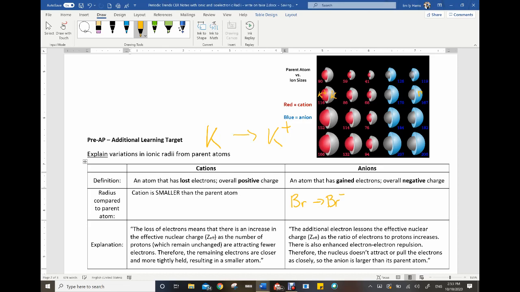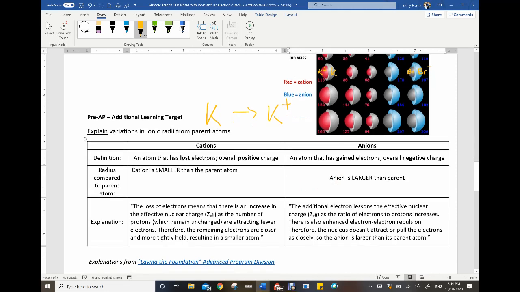If we compare these, we see that the anion form is larger than its parent atom. So what we might type here is that the anion is larger than the parent atom. And so what we're going to do is see if we can look at an explanation for why ions differ in sizes from their parents.